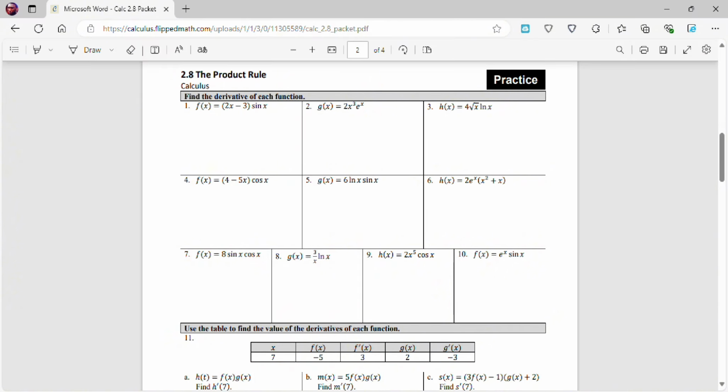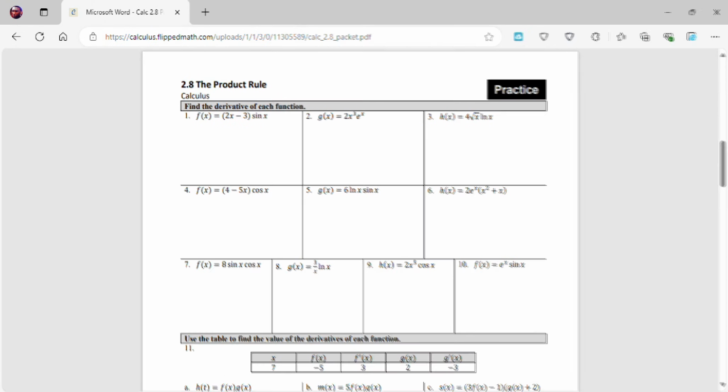So this lesson is going to allow us to find the derivative of a product, right?